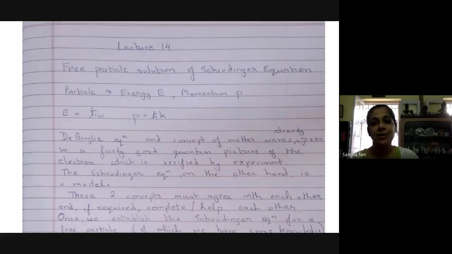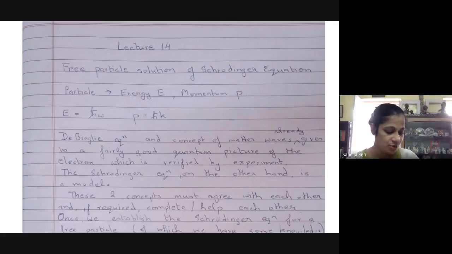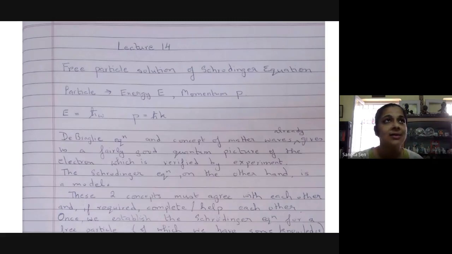So the first thing we'll start with is the solution for the free particle, which is the natural place to start. However, you will see in many places they start with a particle in an infinite potential well, or particle in a box, because that is simpler to solve. And this free particle requires a lot of philosophy.